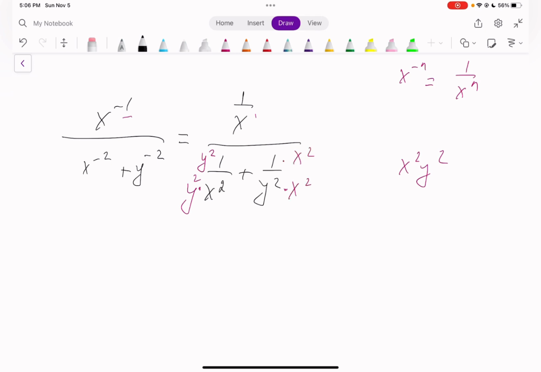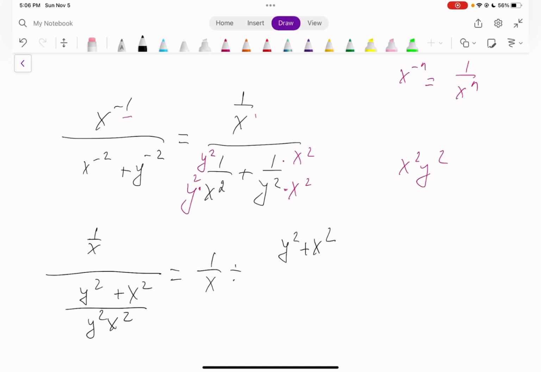And I'm going to get 1 over x. Here will be y squared plus x squared. Okay, I'm going to divide now. Over y squared, x squared.